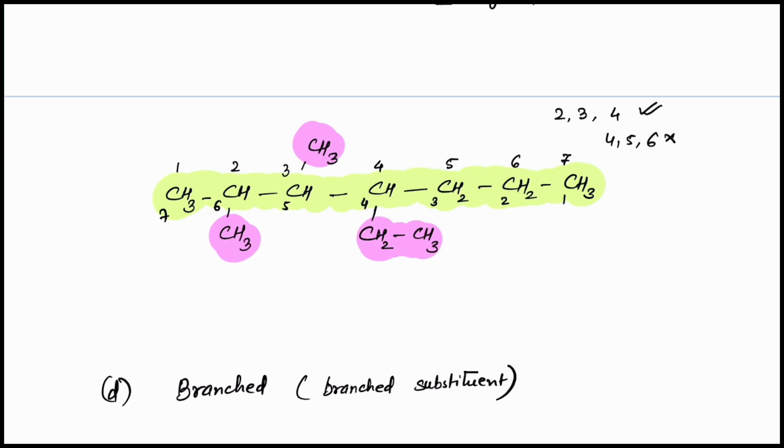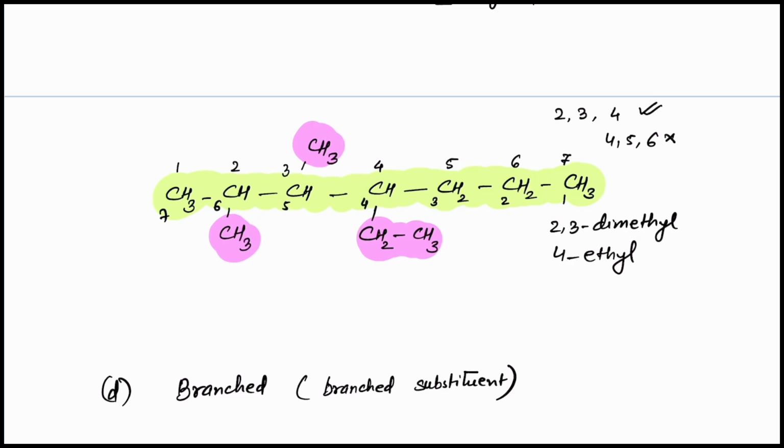So there is a methyl group at position number 2 and a methyl group at position number 3. So we can write for that 2,3-dimethyl. And there is an ethyl group at position 4, so we can write 4-ethyl. But when writing the name of the carbon compounds, if there are different substituents attached, we write the name alphabetically.